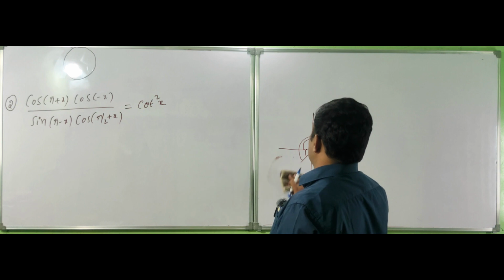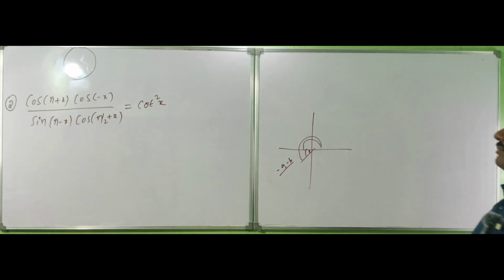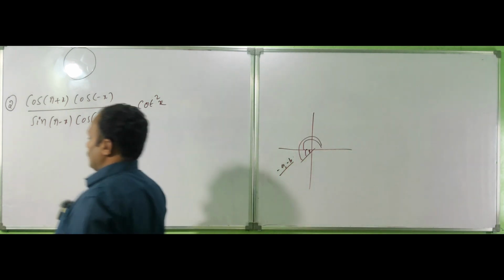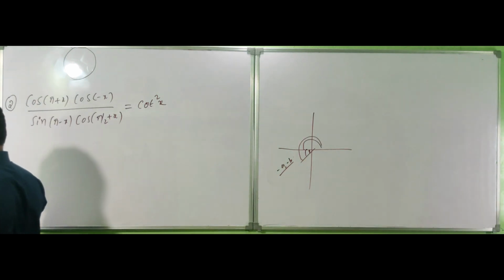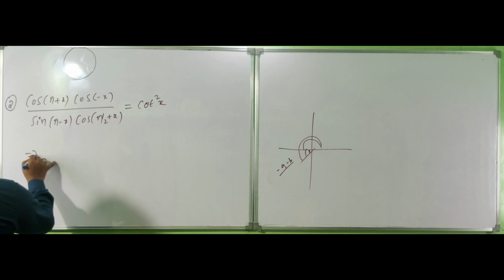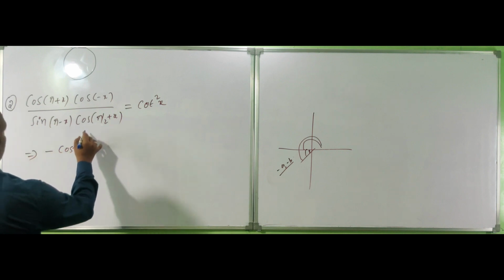A is also minus and B is also minus. Cos of pi plus x will give minus cos x.